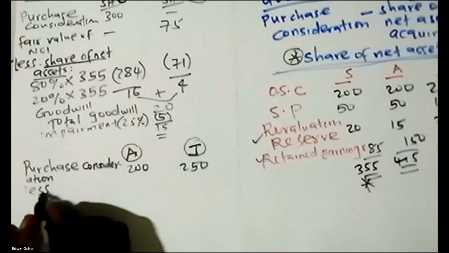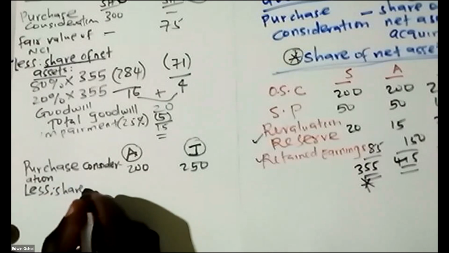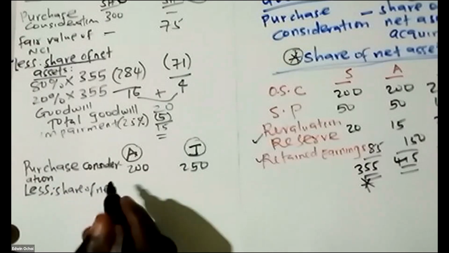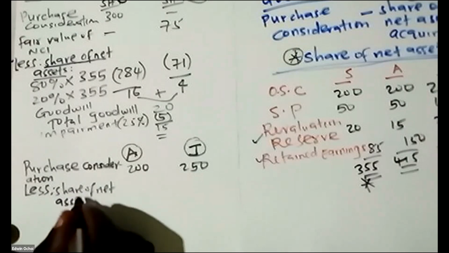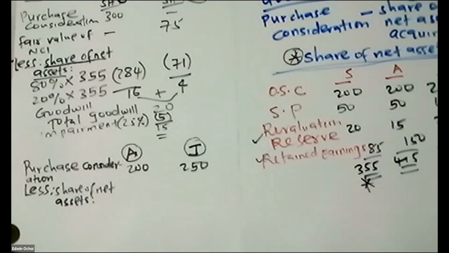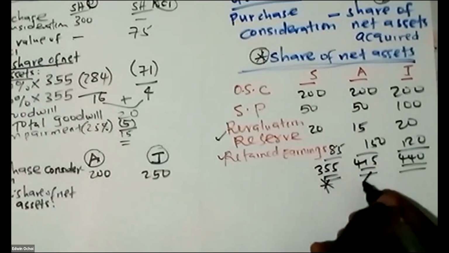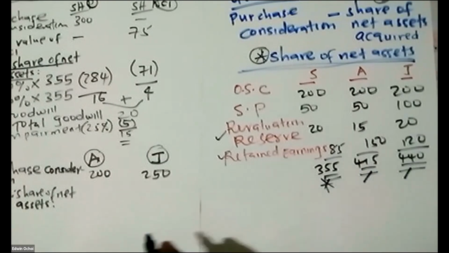Then raise the share of net assets. Remember that the net assets for A was 415, and the other one is 440.